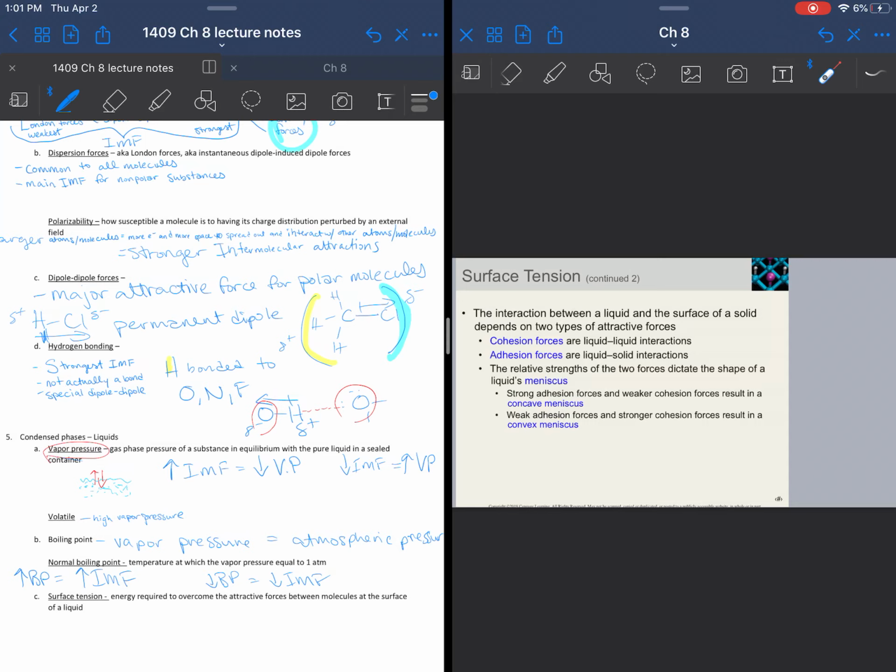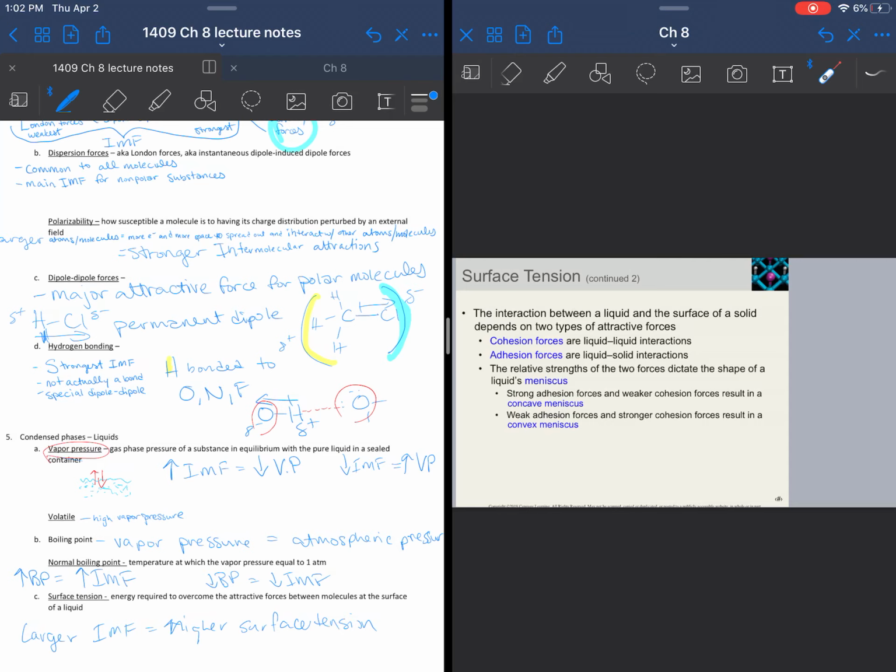Okay. You can even notice this, the difference in surface tension, right? Because this is another one that is directly related. So larger intermolecular forces are going to go with higher surface tensions.